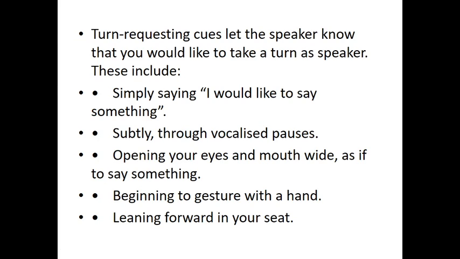Turn requesting cues let the speaker know that you would like to take a turn as speaker. These include saying I would like to say something, or otherwise vocalized pauses, opening your eyes and mouth wide as if to say something, beginning to gesture with a hand, leaning forward in your seat.